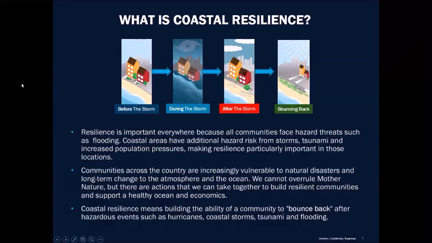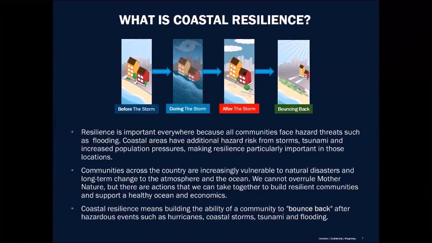So first of all, what is coastal resilience? Resilience is important for all communities facing hazards such as flooding. Coastal areas have additional hazard risks from storms and tsunamis, making resilience particularly important in those locations.